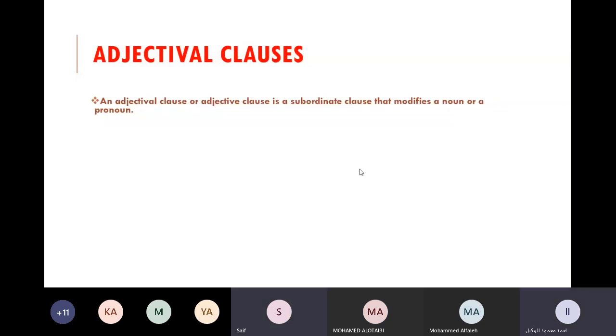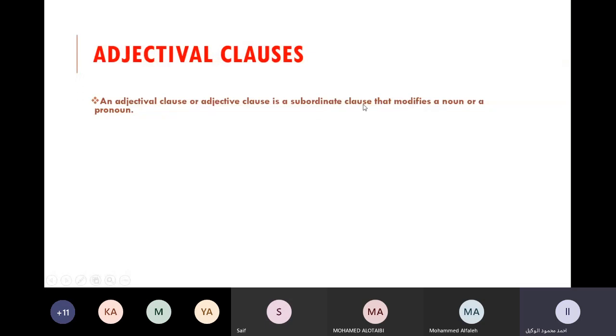All right, adjectival clauses. Adjectival clauses are very, very important, and you will study them again next week, next year, inshallah, and also the year after that. So, what is the meaning of an adjectival clause? An adjectival clause or adjective clause is a subordinate clause. What is the meaning of a subordinate clause?